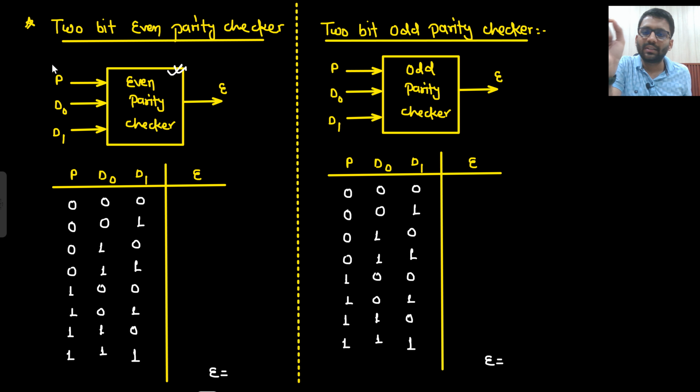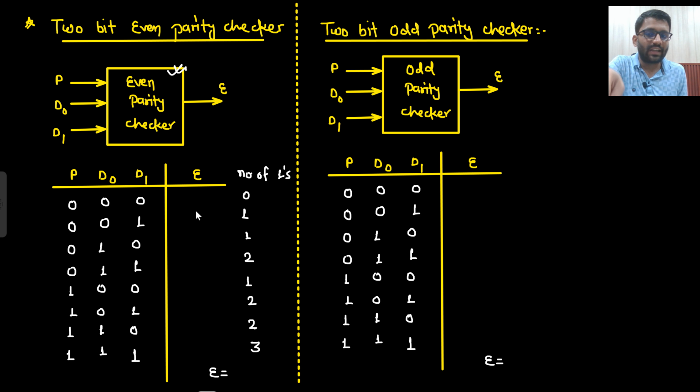So what is this? Even parity checker. It will see that if the number of ones is even, then the output will be 0. So here the number of ones is 0, here 1, here 1, here 2. Here 1, here 2, here 2 and here 3. This is the number of ones.